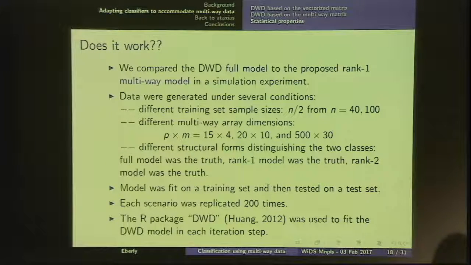So what's a rank 2 model? So I think about my ataxia example. A rank 2 model means, for example, that a particular biochemical pattern informs the classification in one way for some of the regions, but there's a different classification pattern across the biochemicals in other regions.